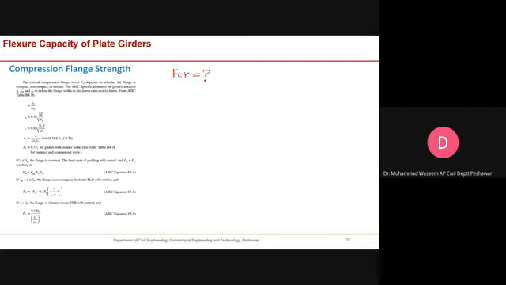So whether we have to check the flange, which is in compression, is compact or non-compact, or slender, okay? So you have to go through these, you have to check this, okay, in order to decide what will be the value of FCR, okay?